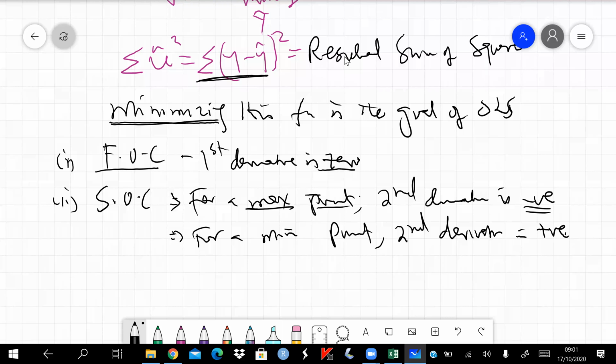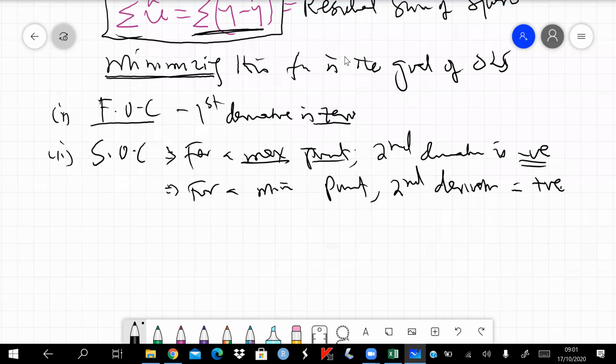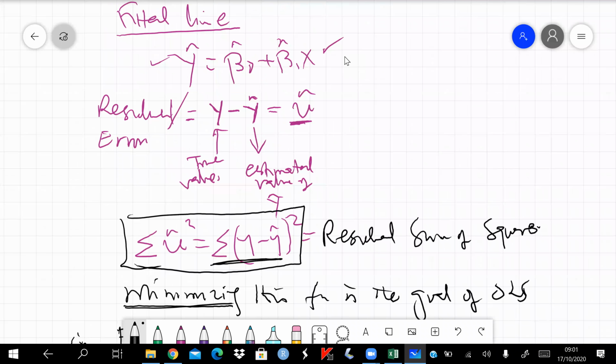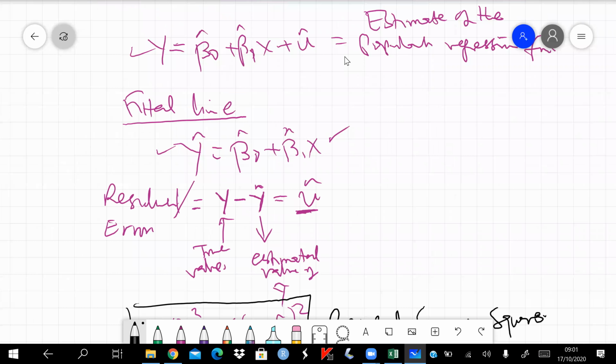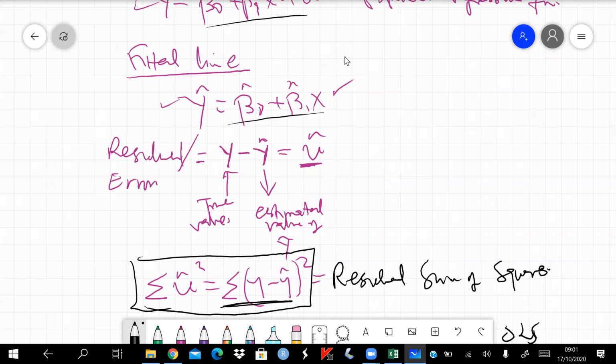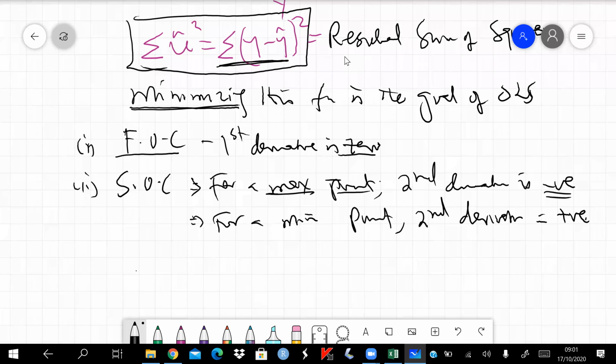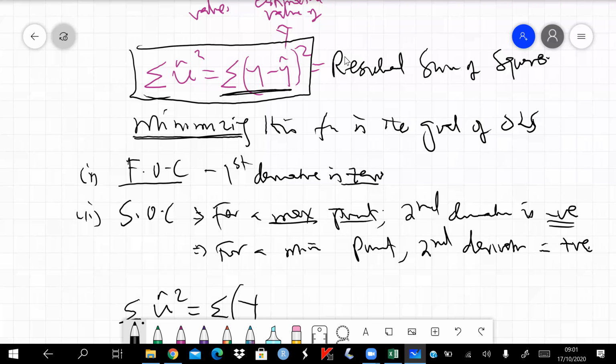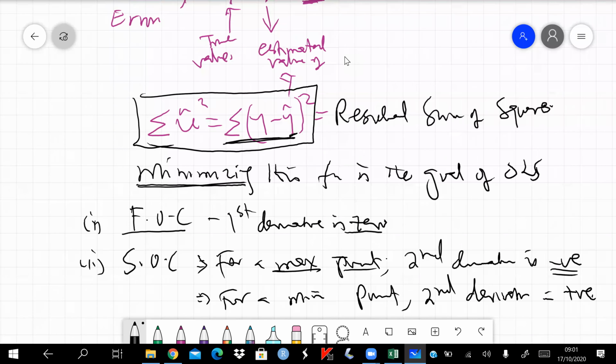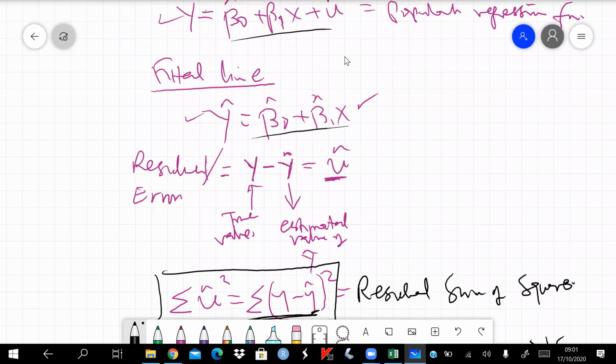Okay, it is good for you to note the function that we are dealing with here. I want to write this statement in a more friendly way. I can say my summation of u squared is the same as the summation of y, but instead of the estimate of y, I replace it with this.